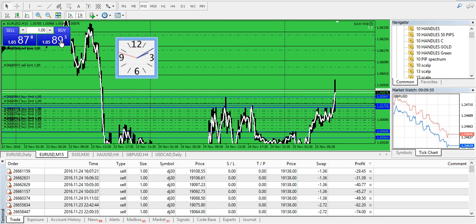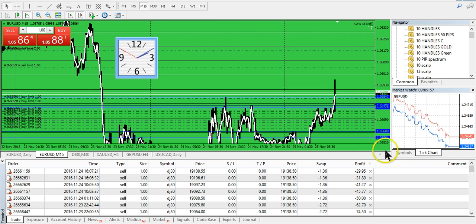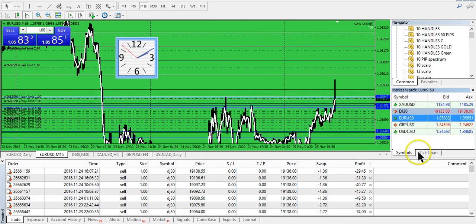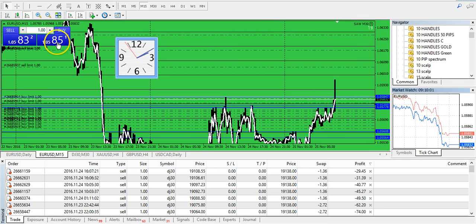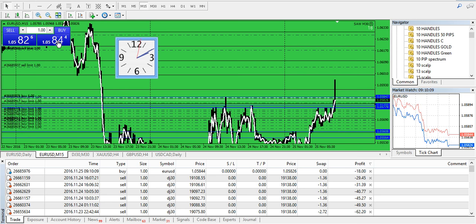Wait, just one more pip. Of course, I'm watching the British pound tick chart there. Let's see, almost going to get filled on my limit. I would say I'll buy one at the market and let these limits fill up.